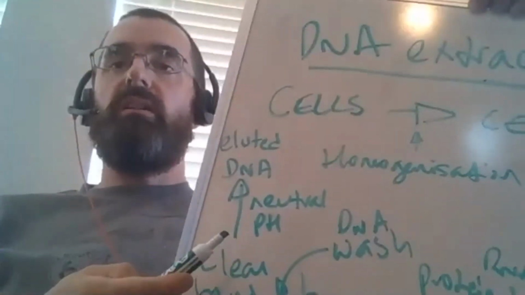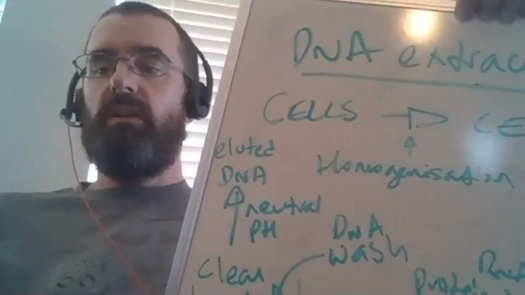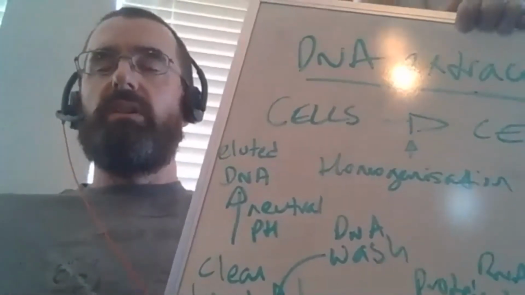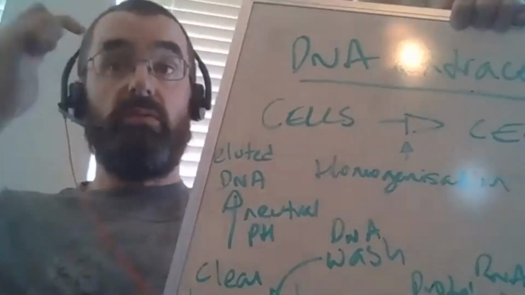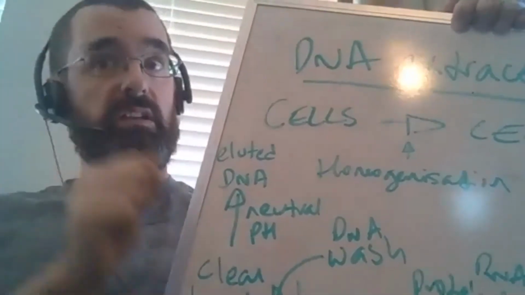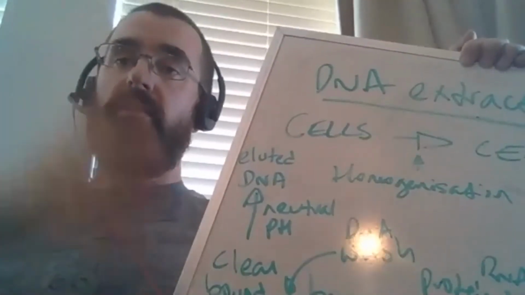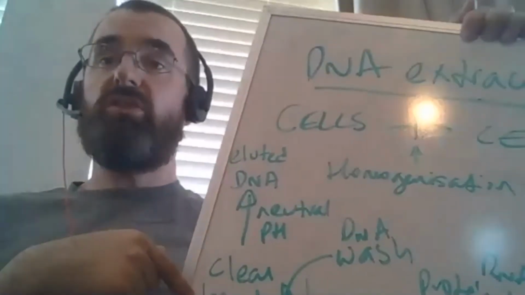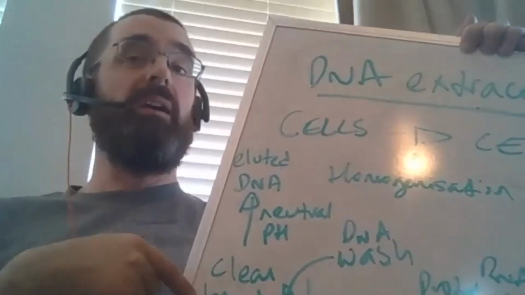So we can use either ultra pure water, right, which has been distilled and purified and filtered a lot, or we can use another solution which reduces nuclease activity called TE. Basically we just run the liquid over the silica mesh, and because of the change of pH, that means that DNA isn't bound anymore, right?